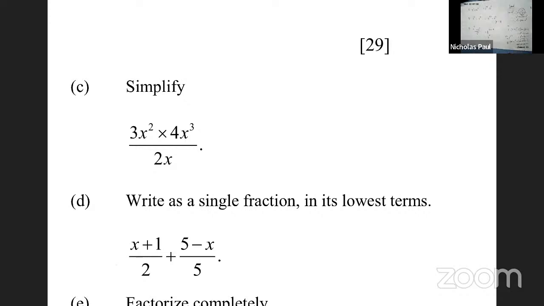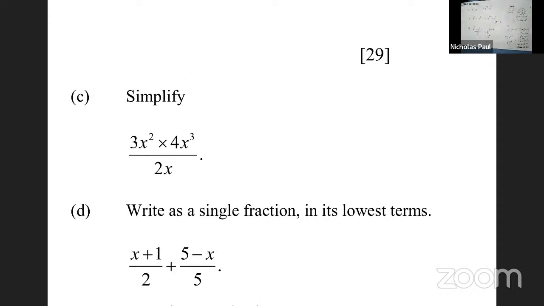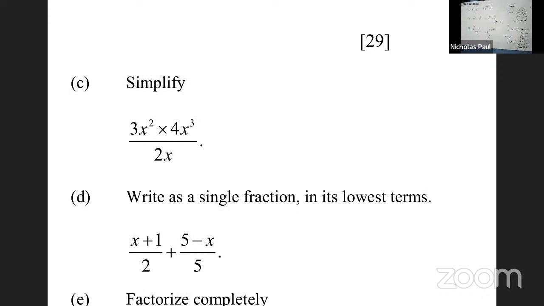Right? 20 and 20. Go ahead. So you have two parts to simplify there, and then we move on to factorization.